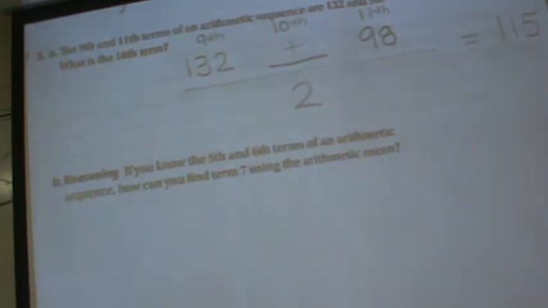So let's use this example right here. If you were given this term and this term, but not this one, and you were given this, what could you do? Add the common difference to the sixth term.